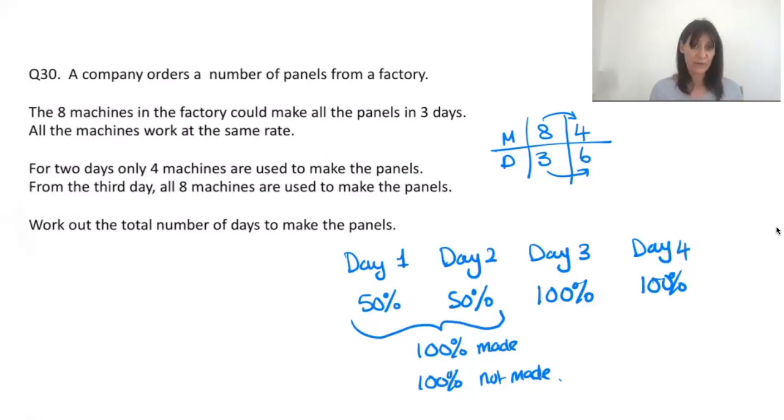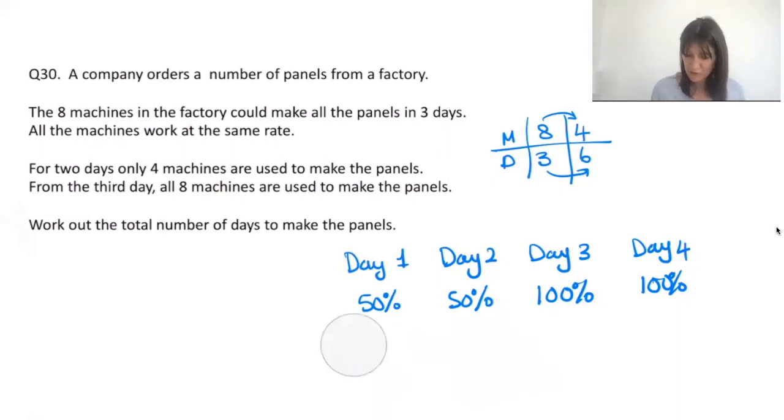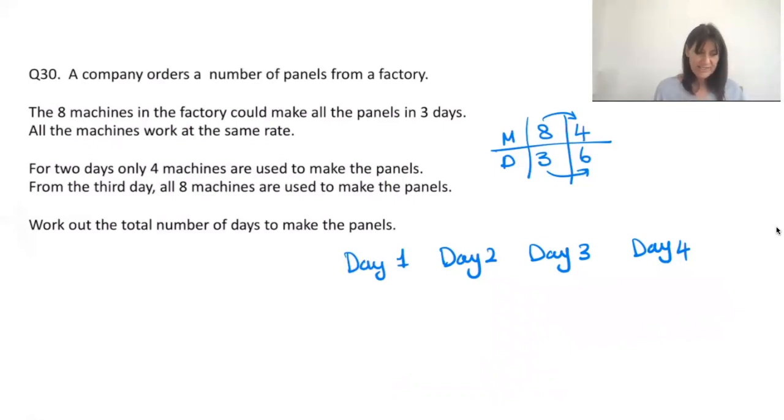I could have thought about this also in fractions, which I'm going to demonstrate because I do think that these questions are tricky. So I think the more ideas you get given so that you can think, oh, that made sense, I quite like that. So on day 1, now what's the best way for me to do the fractions? What I'm going to do is say, okay, if we've got all the machines working, it's going to take 3 days.